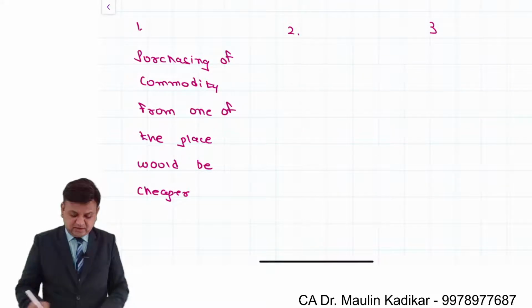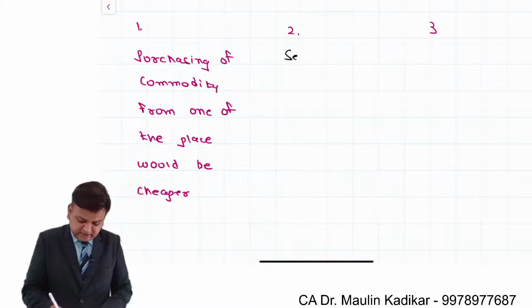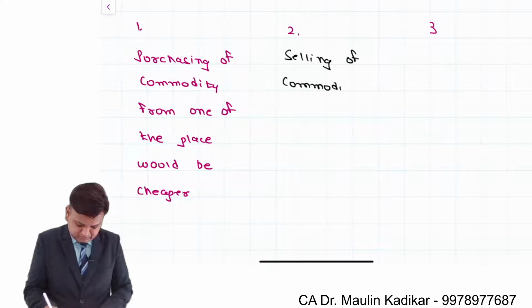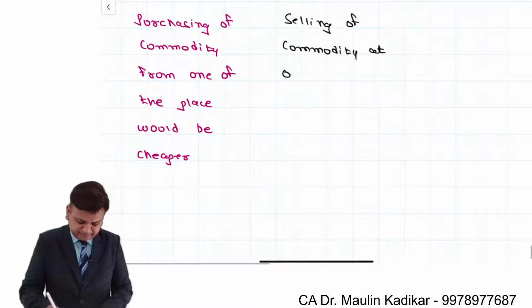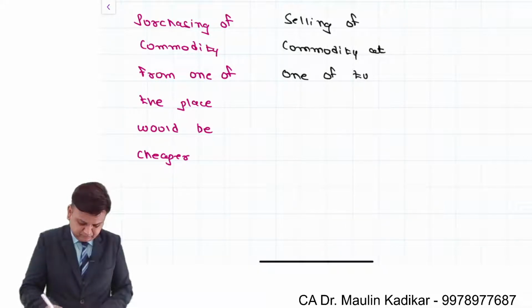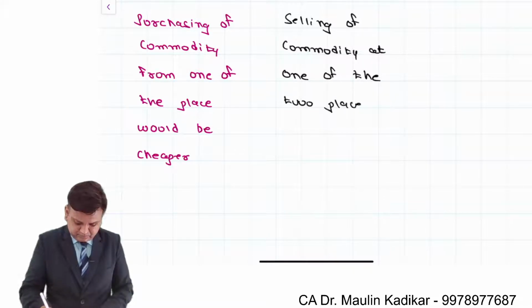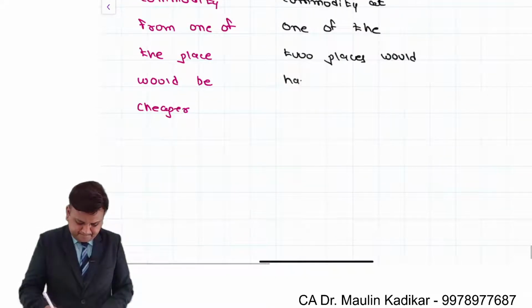Second, selling of the commodity at one of the two places would have more value.